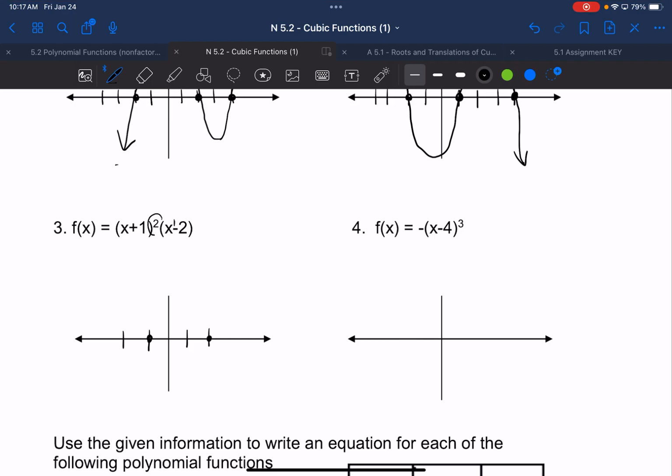But this quantity is squared. So that's an x squared there. What's x squared times x? X cubed. So still x cubed. There's no negative out in front of this one, so we don't have to worry about that. That means the right end should point up and the left end should point down.